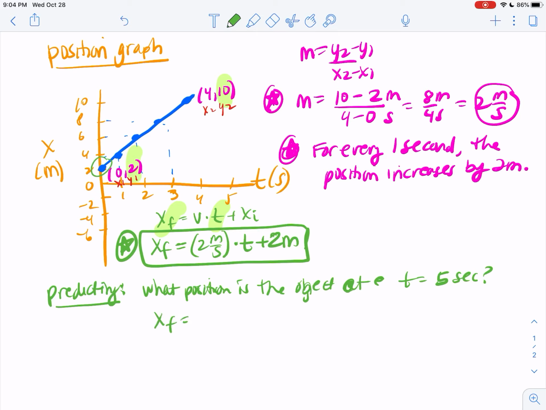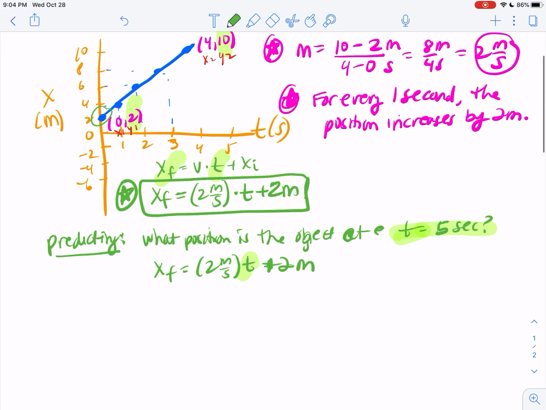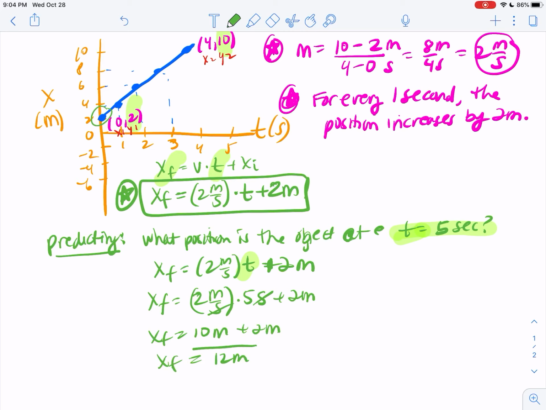To make the prediction, you'd have your equation, and then I can plug this time in right here because I know how many seconds it is. So the final is going to be 2 meters per second times 5 seconds, plus 2 meters. 2 meters per second times 5 seconds is 10 meters, plus 2 meters, which is 12 meters.